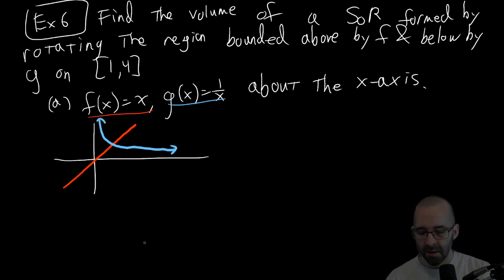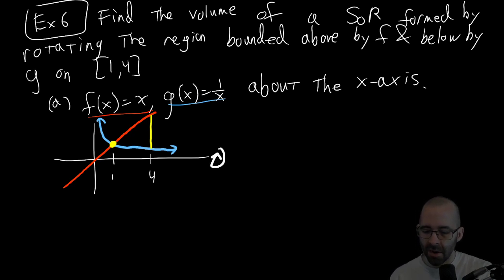From 1 to 4. They intersect at 1 comma 1. If you plug in x equals 1, you'll get that that's where they intersect. The 4. So we're really looking at this region right here. We're rotating that region about the x-axis.